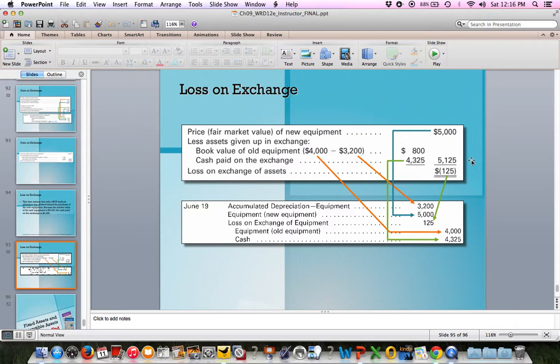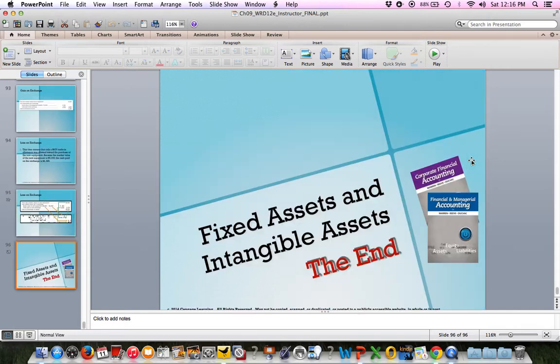Just think of it as trading in old equipment for similar new equipment, and usually that involves writing a check. And just always keep in mind you're comparing book value of what you give up to fair value of what you receive, and you'll have a difference that could end up being a gain or a loss. And that's it.